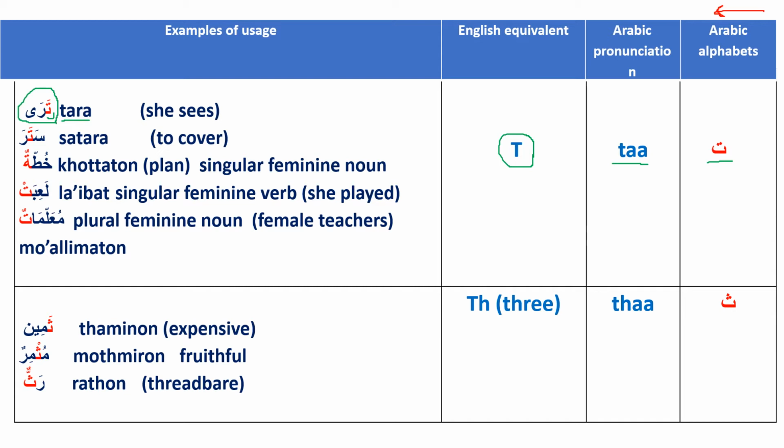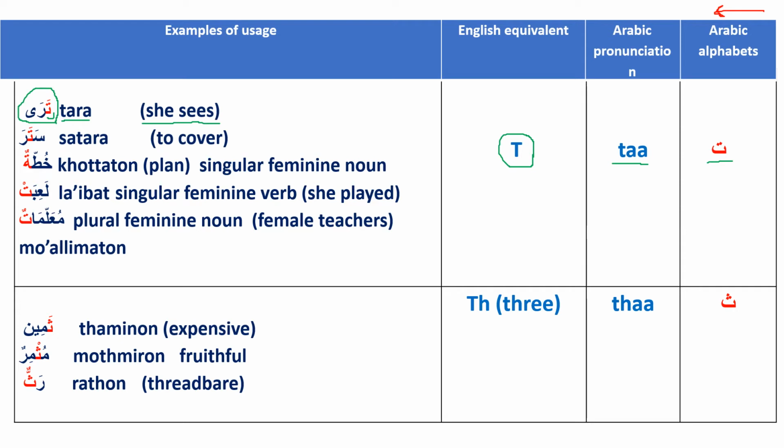It's attached to the letter that follows it. The meaning of this word in English is she sees. Don't confuse yourself with rules now, because as soon as we finish letters, we will move to rules like subject, object, tenses, pronouns, etc., inshallah.